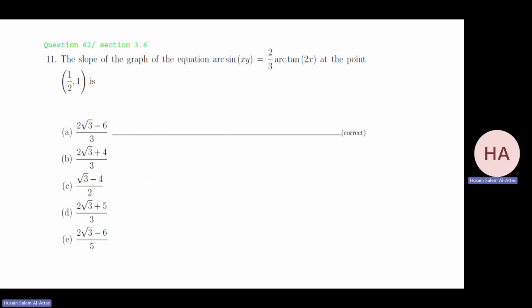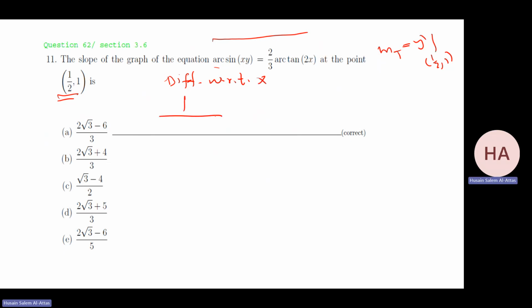The slope of the graph of the equation, I have arc sine, arc tan, at the point this. So I need m tangent, which is y prime, at the point (half, 1). So I need implicit differentiation for this one. So I have here, differentiate with respect to x.